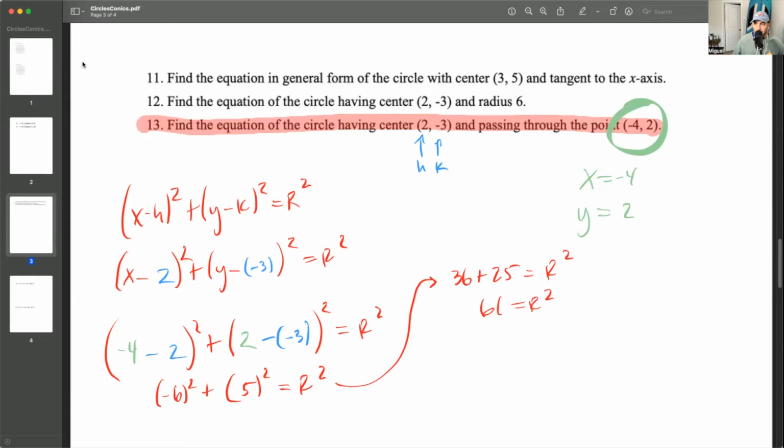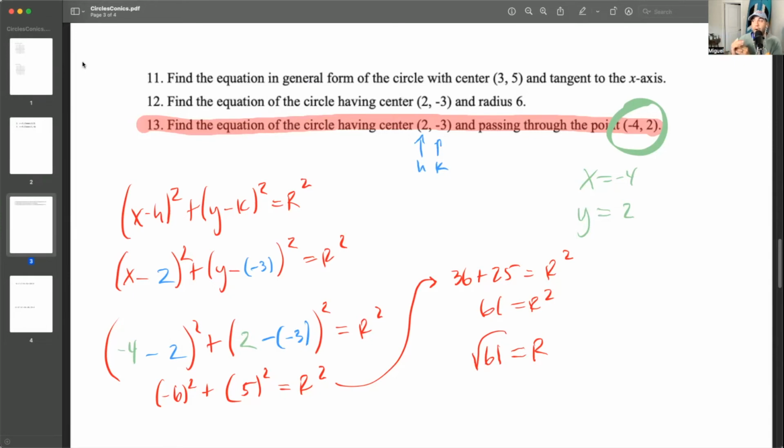Now this is interesting. I want to briefly talk about this. r squared is equal to 61. That means that r is the square root of 61. We're not even going to simplify, and we're not going to use our calculator to find out what that is in decimal form. Why? Because we don't necessarily need the r value.